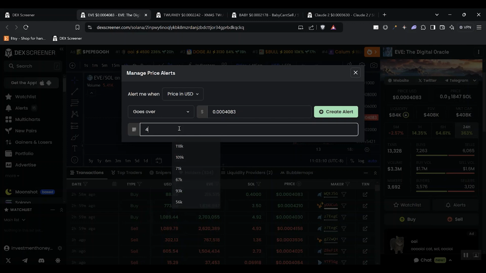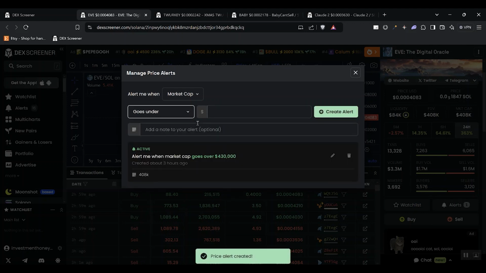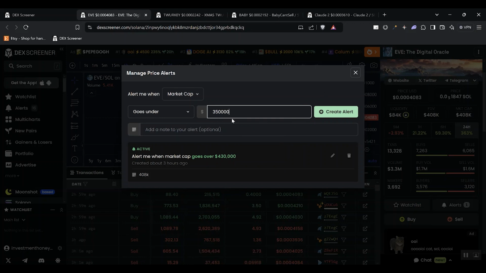We're at 408K, and we're going to move over to market cap. I'm going to say, let's see this hit 430 on the alert to go up, and for the downside I'm going to go down to 350, because I'm not sure that the sell pressure is over with yet.